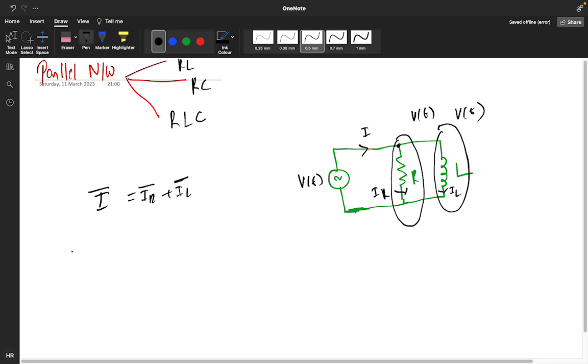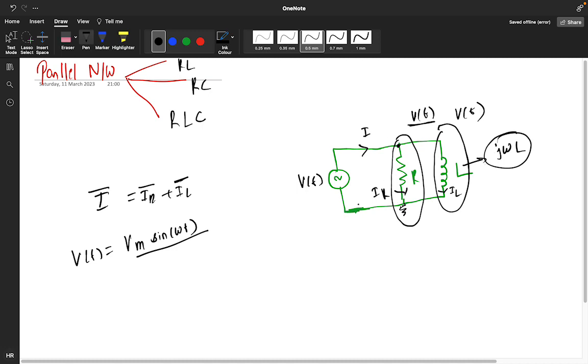Okay, if I am assuming V of t is equal to Vm sine omega t, and if you apply the nodal analysis, this is your reference point, this is your V of t, and for L we can write it like this, j omega L, in the form of resistance, reactance.